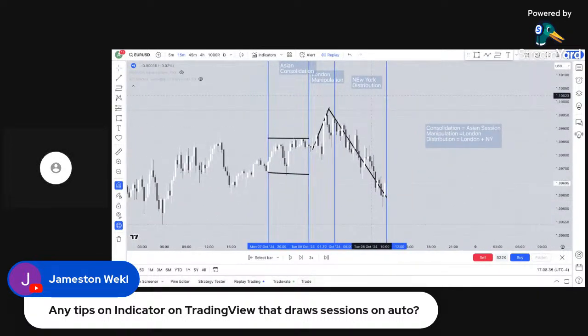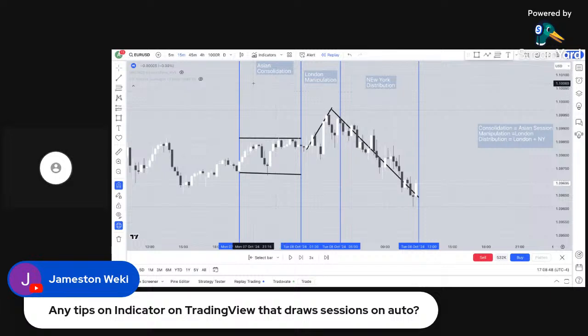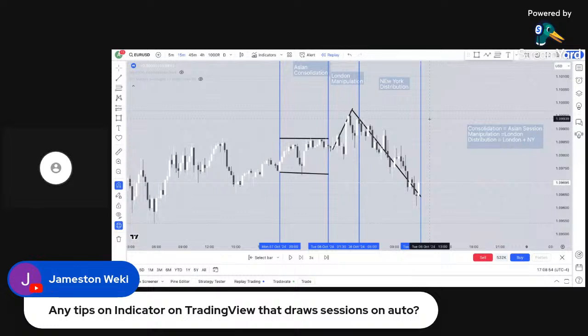Actually, we probably will not be meeting next Sunday. I'll be out of town. But this is what I want you guys to focus on for the next week or two, and ingrain this into your heads. I know it seems like a very simple idea, but these markets are very simple when you understand what the purpose of them is and what they're supposed to be doing.